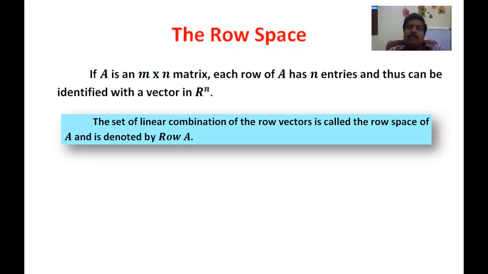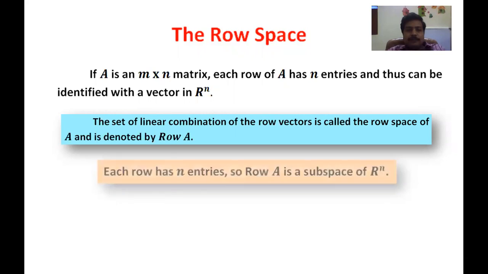So all these linear combinations will form the row space of A. All such combinations are in the row space of A. So it will be a subspace of Rn also. Earlier we have proved that the column space is a subspace of Rn. Similarly, this is a subspace of Rn.